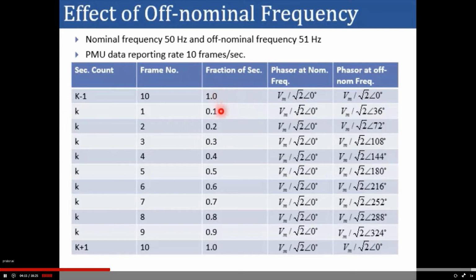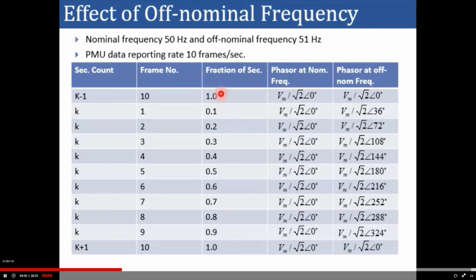Because the fraction of a second for the first sample is 0.1 second. Over a 360 degree plane, if the fraction of a second is 0.1, the angle shift will be 36 degree, because in one particular second we have one extra wave of the 51 Hertz signal.